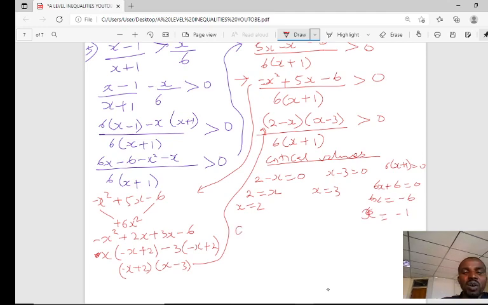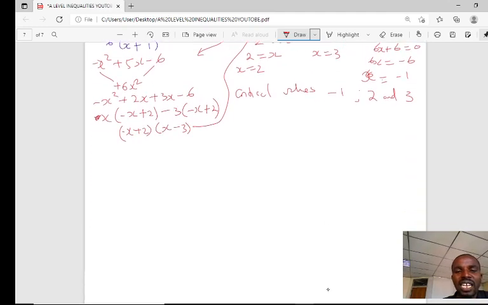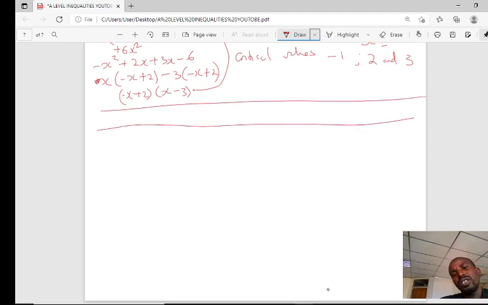So these are the critical values: -1, 2, and 3. So we have 3 critical values. Let's now draw our table of signs.